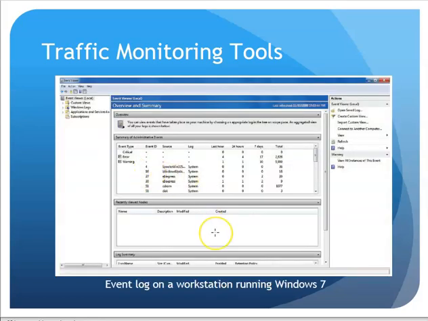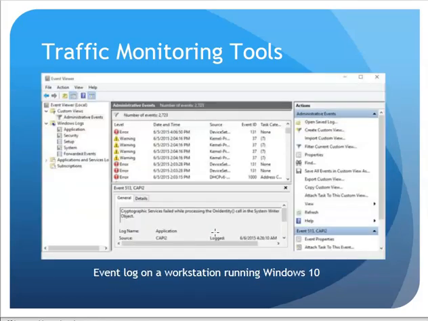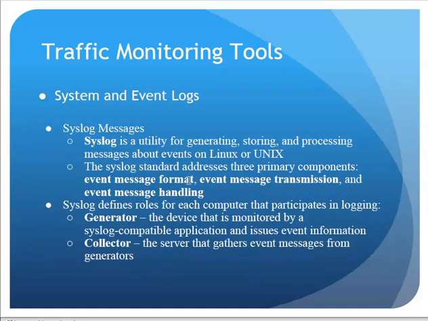And here are some examples of event viewer on Windows 7, event viewer on Windows 10, and there are categories over here that you can look at, and in there it can give you details of what particular thing happened on what particular day and time. And again, this can be some clues as to what might be a fault in the network. Syslog is basically the equivalent in your Linux and Unix world. Syslog does the same type of thing.